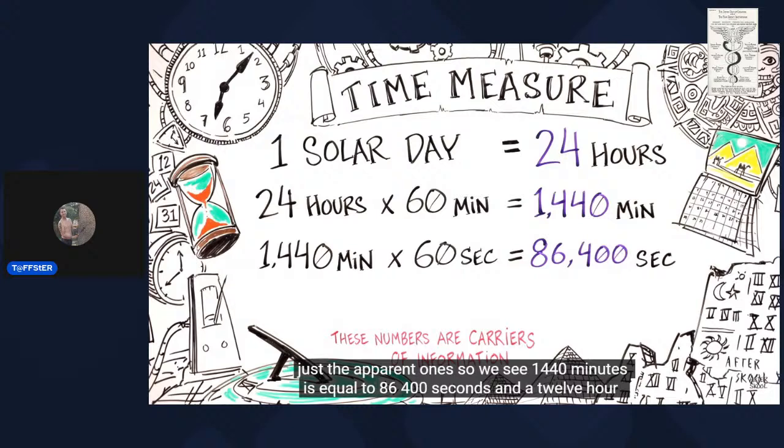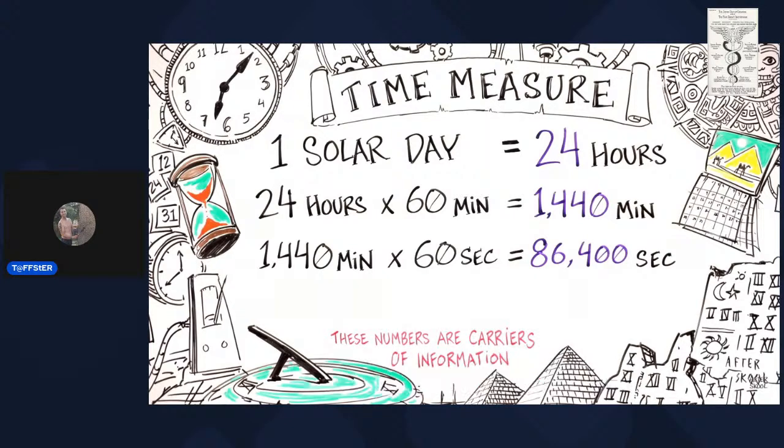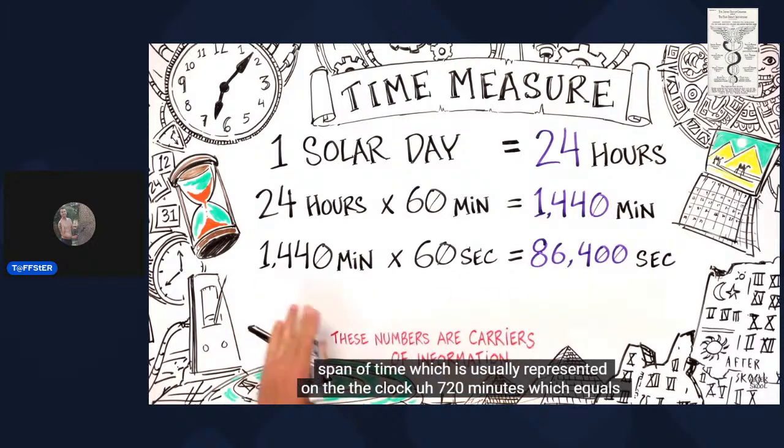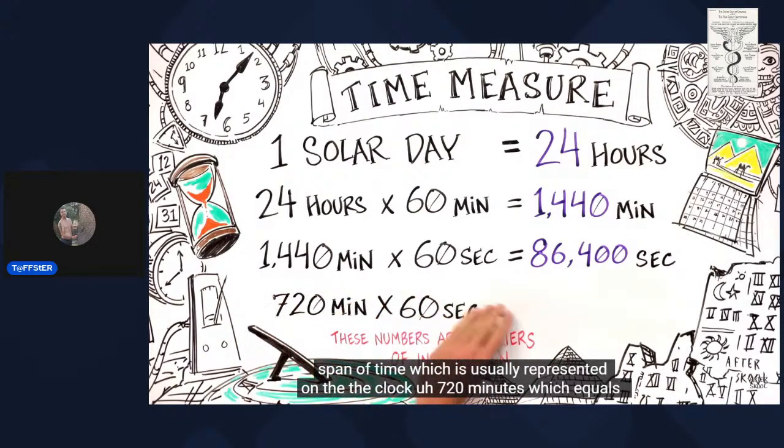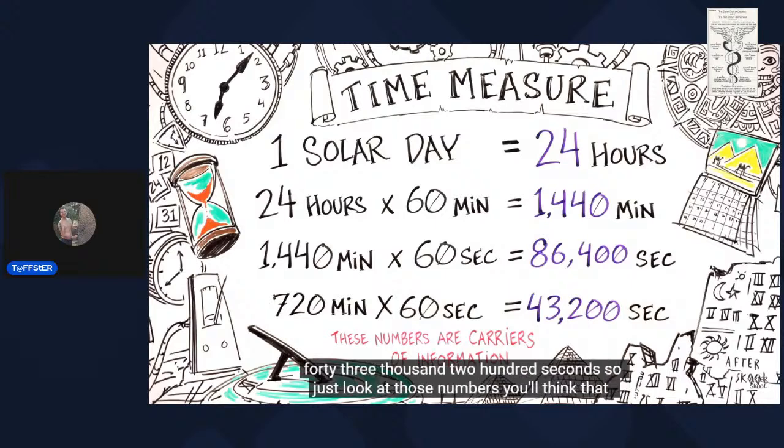So we see 1,440 minutes is equal to 86,400 seconds, and a 12-hour span of time, which is usually represented on the clock, is 720 minutes, which equals 43,200 seconds. Just look at those numbers. You'll think that obviously 43,200 is half of 86,400. The 1,440, we're going to encounter that number again momentarily. So these are just examples of some of the time measures, how we think about time in our particular culture.